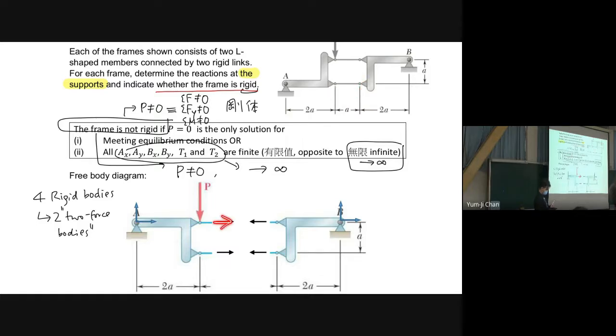Their forces always go along the two points. So for these two and these two, we don't need to draw the free body diagram. We only need to draw the tension forces. Let me label them C, D, and E and F. So this is TCD, TCD, and TEF and TEF.